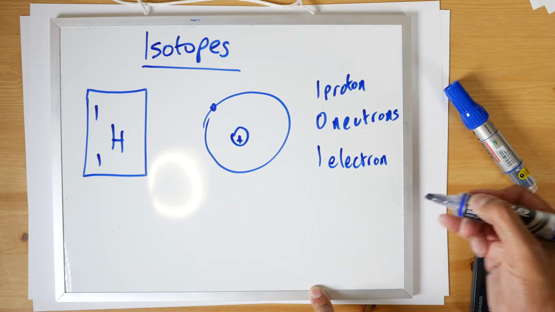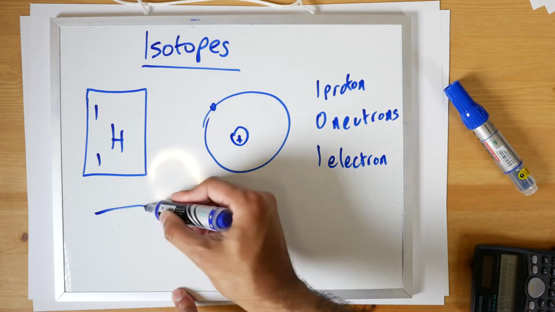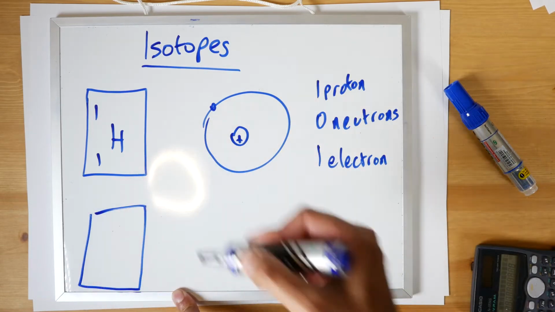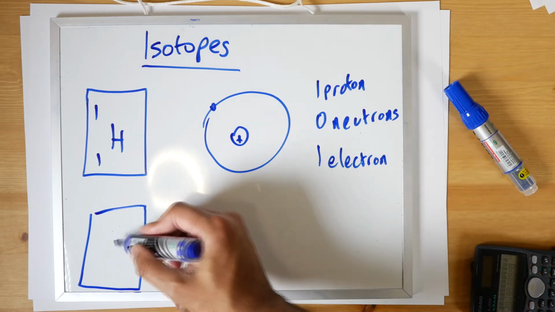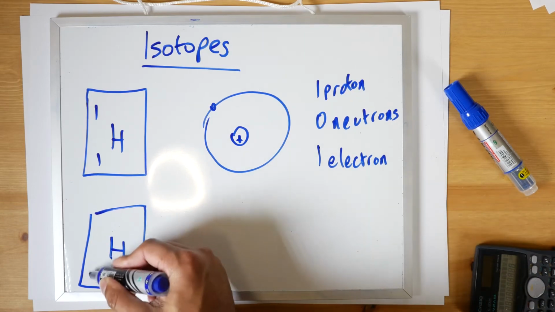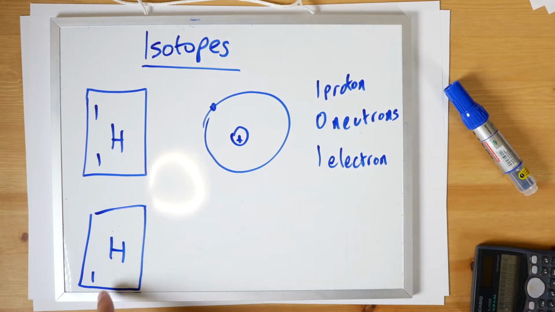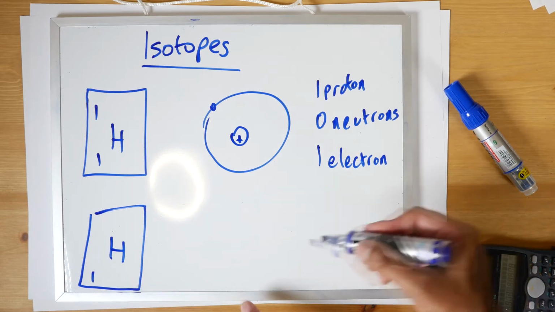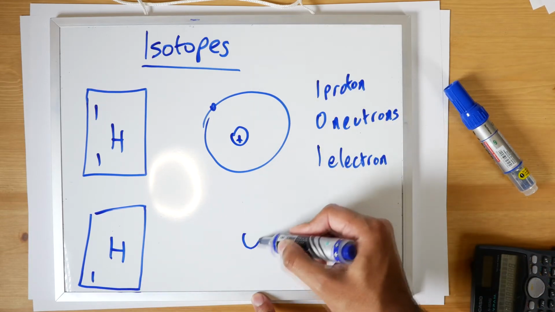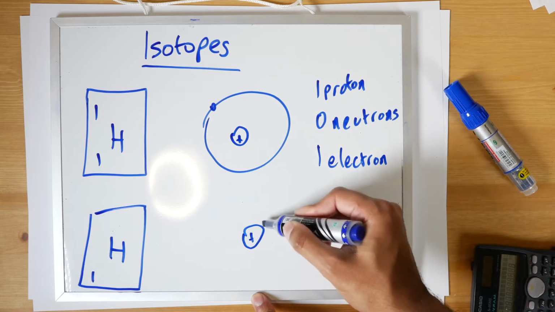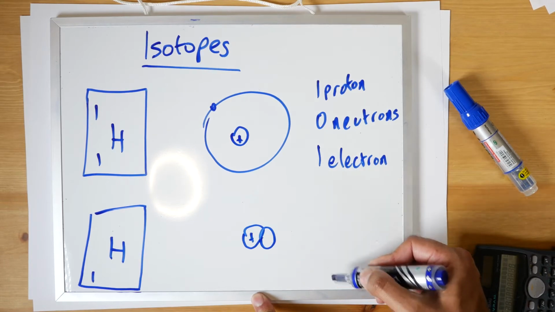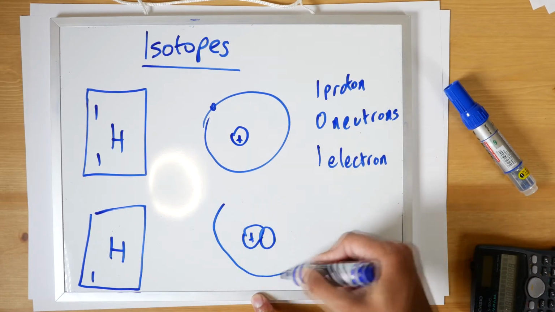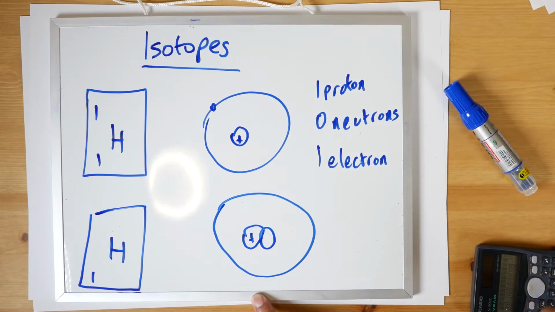However, you can also have an isotope of hydrogen with one more neutron. So this is still 1 because this number refers to the proton number. So it's still going to have the one proton here. But along with this, it's going to have another subatomic particle, and in this case, it's going to be a neutron.